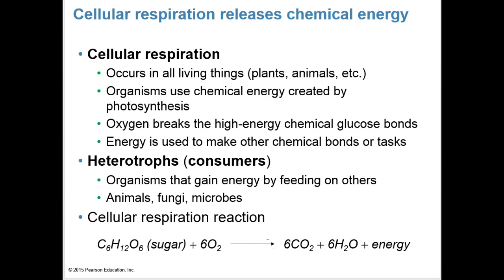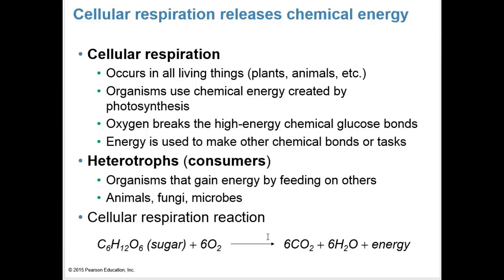So in review, some organisms can do photosynthesis. Again, those were any organism in the plant kingdom, cyanobacteria, and a few types of protists like algae. But all organisms must do cell respiration. So this occurs in all living things.